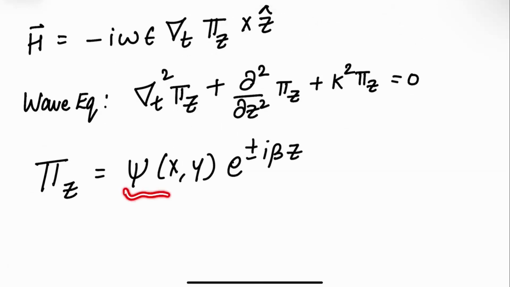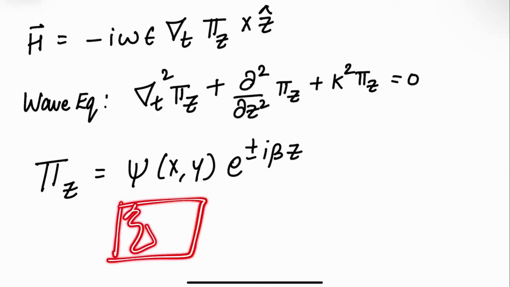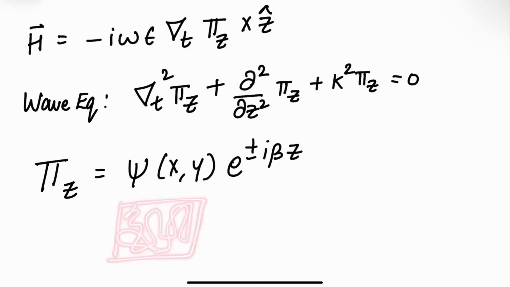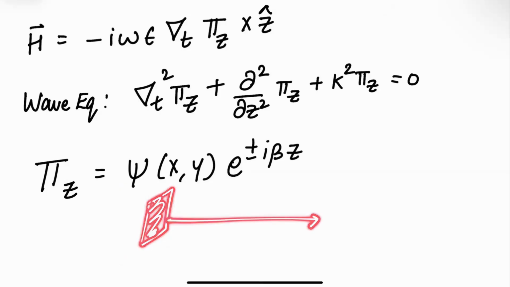So this is some waveguide modal distribution in x and y. This is some scalar function in x and y, it can be something arbitrary, and all of that is propagating along z. So I have some field or mode distribution in x and y, and that propagates along z.